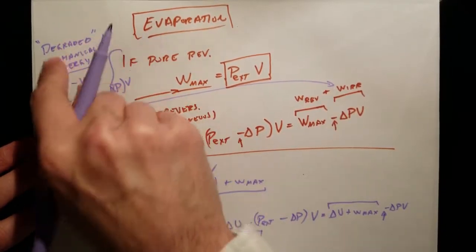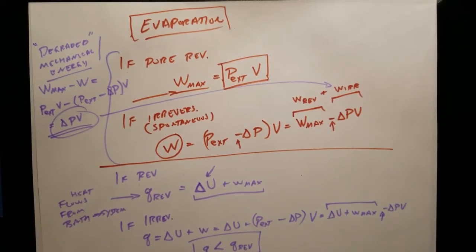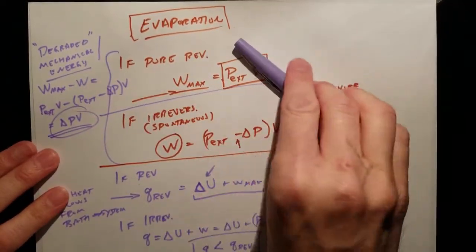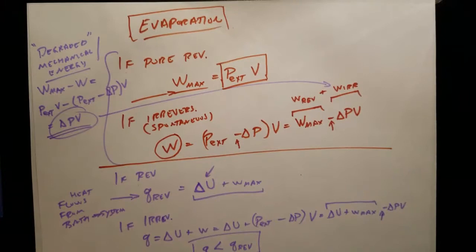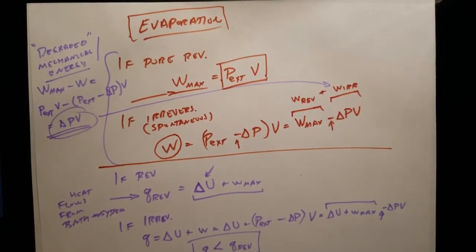What bothers me about this term is that students, and I know I personally did, thought about degraded mechanical energy and said, well, that's just because we're pushing something and we don't have proper lubrication, or we're not being careful enough, and it's just some experimental vestige. It is not exactly that.